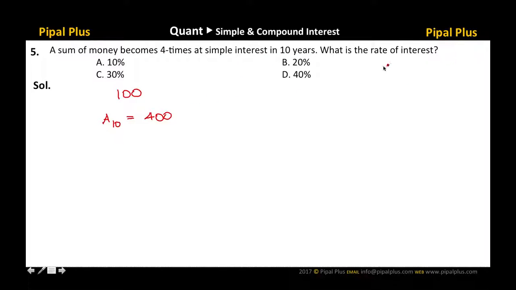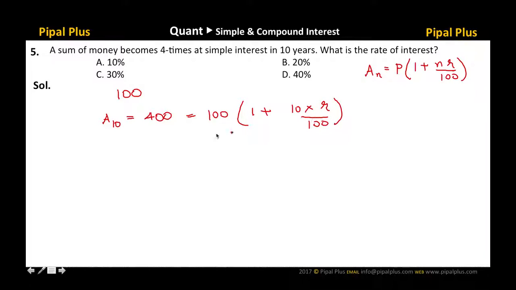Now we know that the amount at the end of n years in case of simple interest is the principal times 1 plus n into r percent. So we'll use this formula. So 400 equals the principal, which is 100, times 1 plus n, which is 10 years, r is what we need to find. We just need to solve this very simple equation.